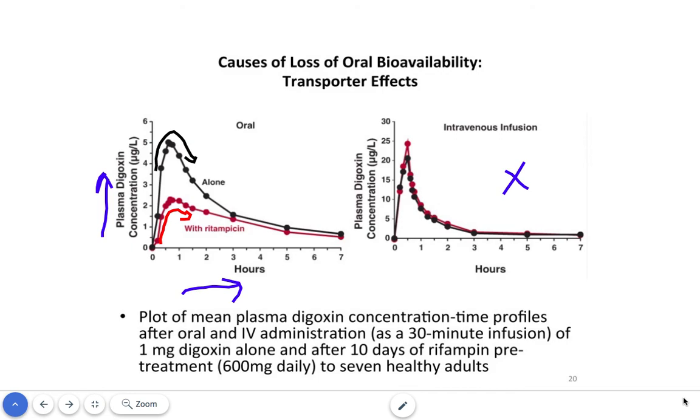P-glycoprotein, being an efflux transporter, pumps digoxin out from the intracellular environment. Rifampin produces overexpression of this, and when there's overexpression in the intestinal tract, it leads to efflux, or removal, of digoxin from intracellular to extracellular and into the lumen, and hence loss, and that contributed to the loss of bioavailability in the case of digoxin.